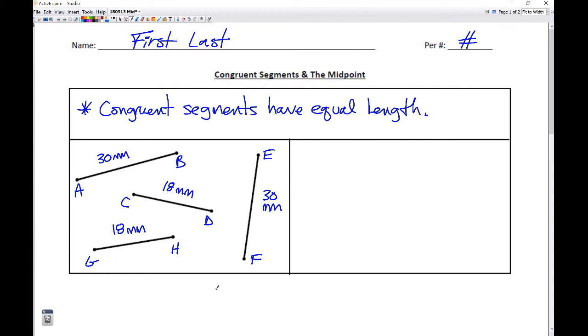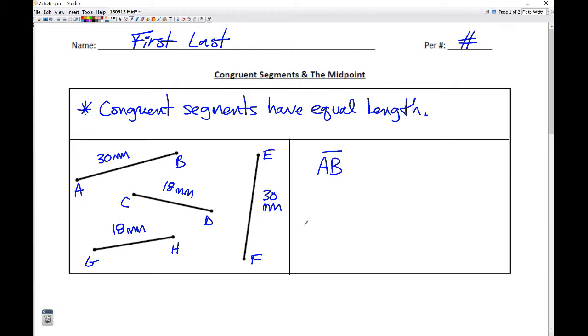Okay? Now, when we write it out, there's a specific way that we write this out. I want to show you how to do this because you're going to need to be able to read it and write it as we move forward. So if I wanted to say line segment AB is congruent to line segment EF because they have the same length, I would write it like this. I would say line segment AB and use my proper line segment notation.